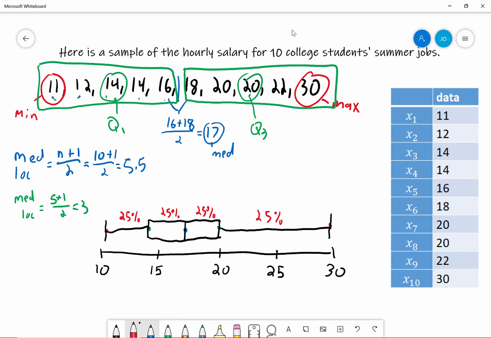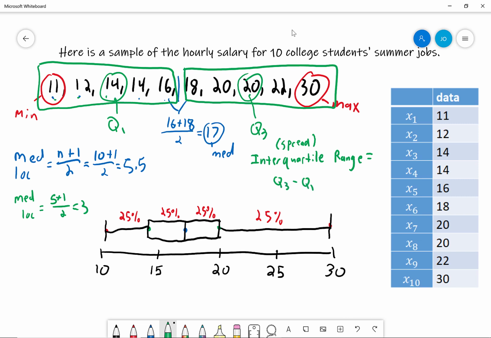What's nice about box plots is that they can create what we call the interquartile range. The interquartile range is a measure of spread. So I'll write a measure of spread. And it looks at the range of your quartiles.